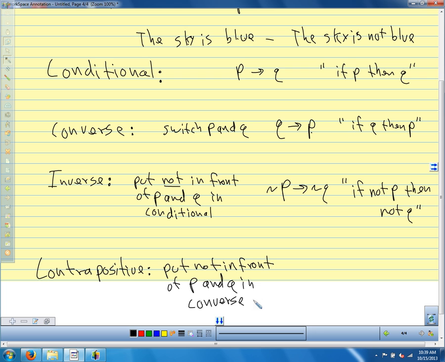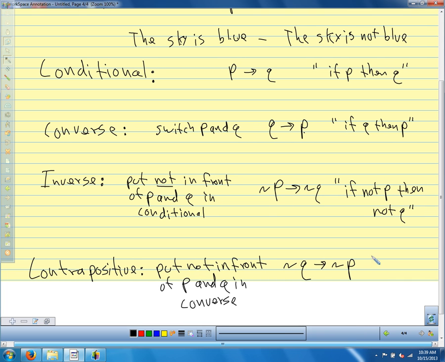So for the contrapositive, we turn it around and then put a not in front of the P and Q. So we would write it as not Q implies not P. And we would rewrite if not Q, then not P.